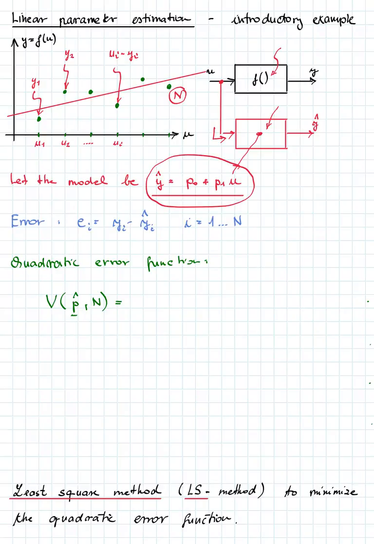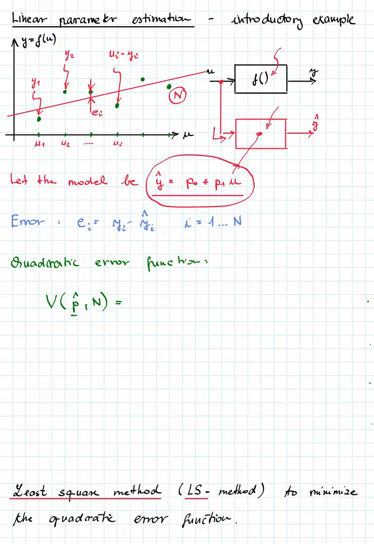For example, here, the difference between the measured data, the green point, and the model data, given by the red line. So it's an error between the measured and the simulated data.